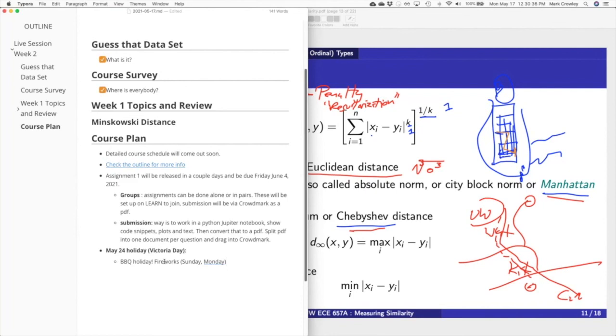So on that one, the live session is moved to the Thursday slot. Next week there won't be one on the Monday, there'll be one on the Thursday time slot, Thursday 11, same thing.